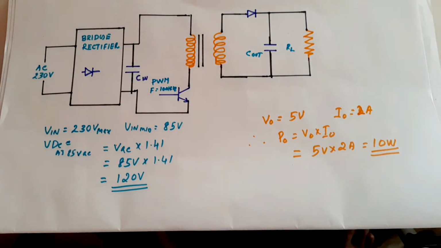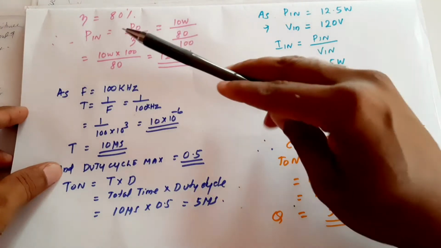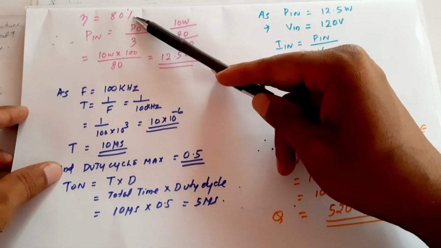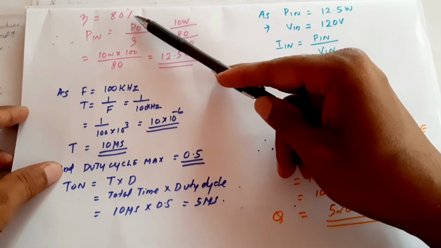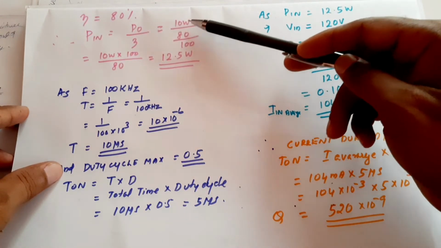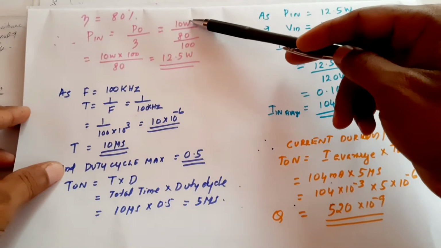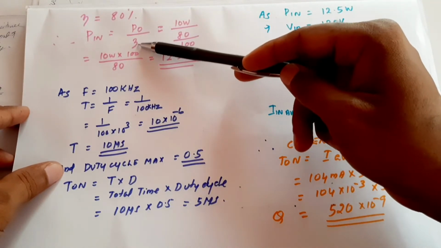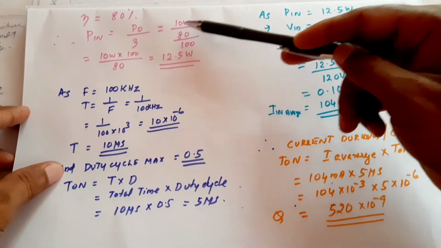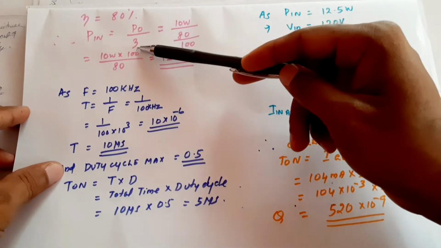Now, how will we calculate the value of the input capacitor? If we consider the efficiency of the circuit as 80%, that means the input power has to be more in order to get 10 watt at the output. If we want 10 watts and the efficiency is only 80%, then the power in is given by output power divided by efficiency.